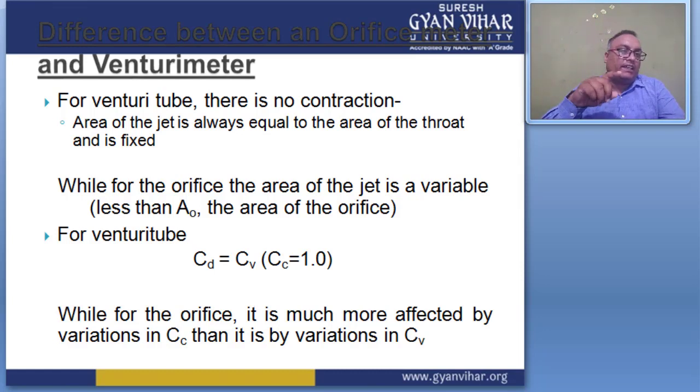But the orifice meter is much more affected by the variation in CC than by the variation in CV. So the venturi meter is good as a flow measurement device. These are some differences between the venturi meter and orifice meter.